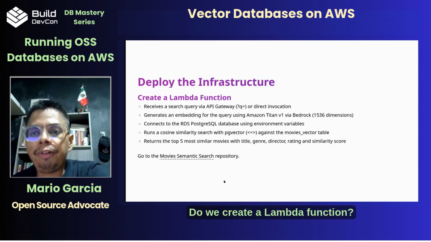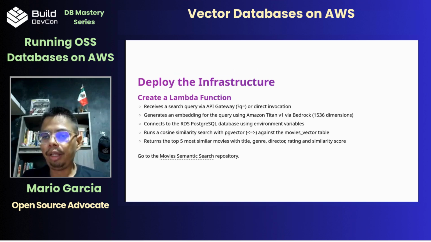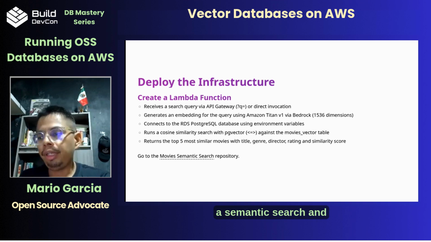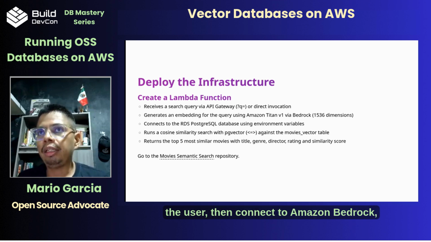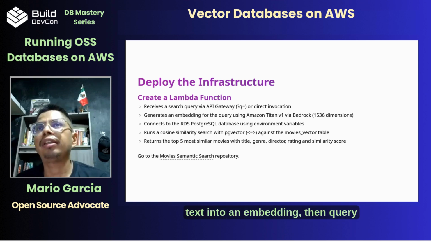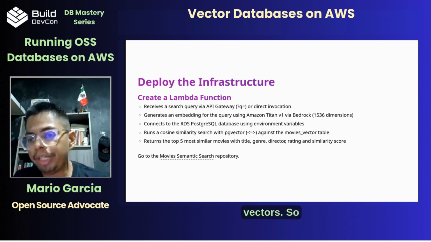We create a Lambda function. Well, what the Lambda function will do is that we will have an app that will do a semantic search, and the function will receive the request by the user, then connect to Amazon Bedrock, convert that text into an embedding, then query the database, and we'll search for similar vectors.